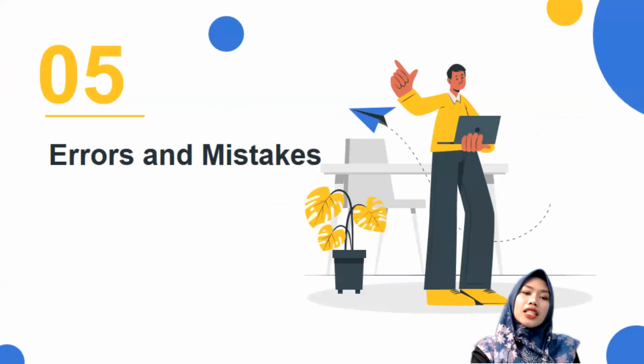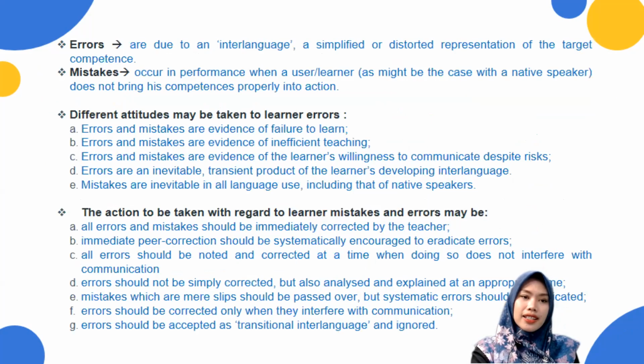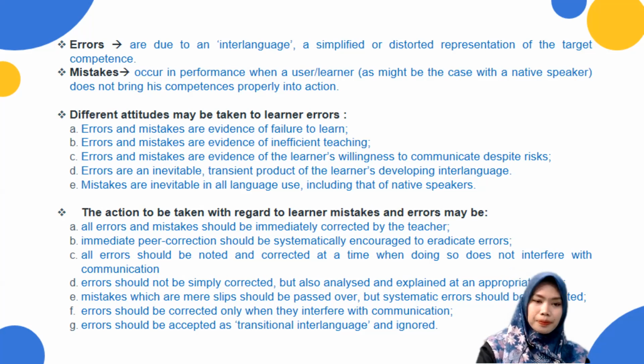Okay, this is the last, about errors and mistakes. What are errors? Errors are due to an interlanguage, a simplified or distorted representation of the target competence, and mistakes occur in performance when a user or a learner doesn't bring his competences properly into action. Okay, different attitudes may be taken to the learner's errors.